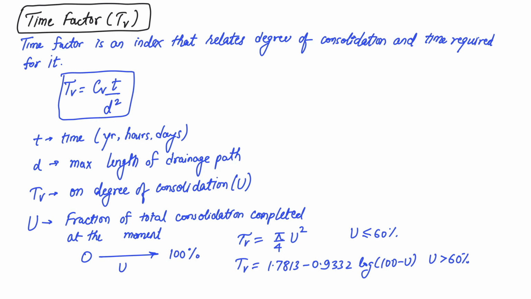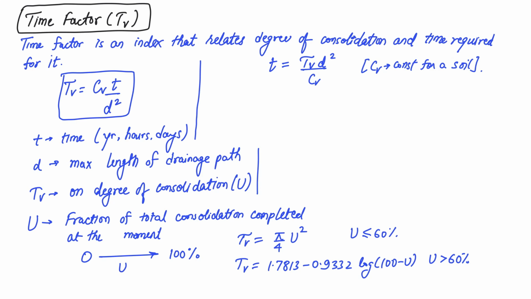But now, if I am talking about the time taken, then the value of T is given as TV into D square by CV. As you know, the value of CV is a constant for a particular soil, so can you tell me on which factor the time required will vary for a given soil?